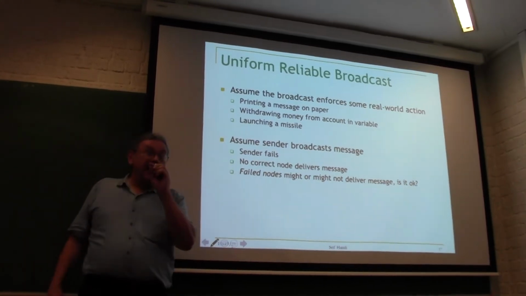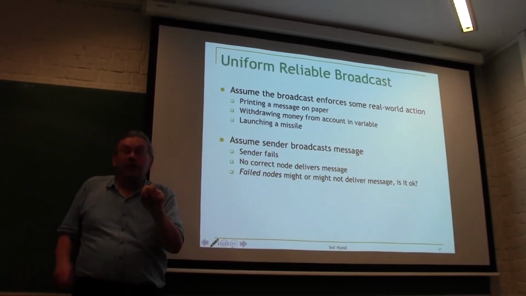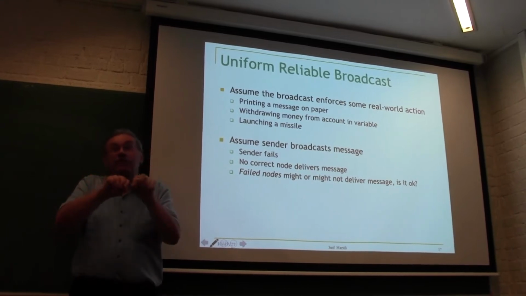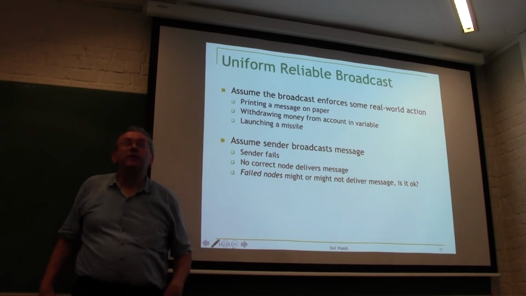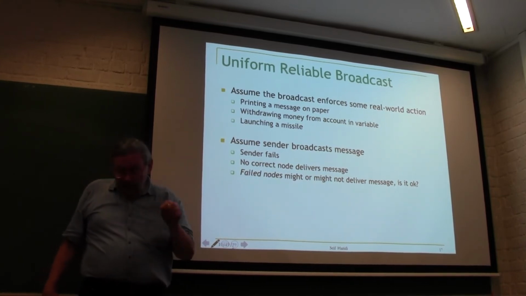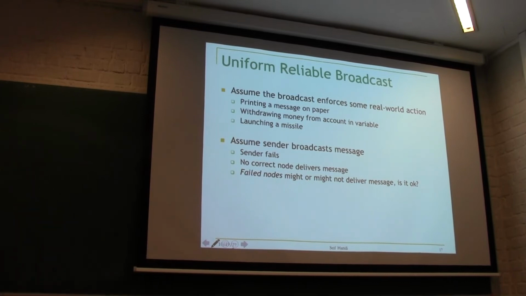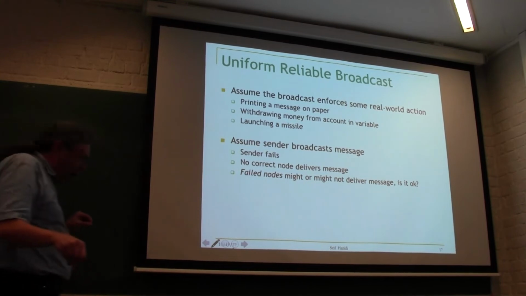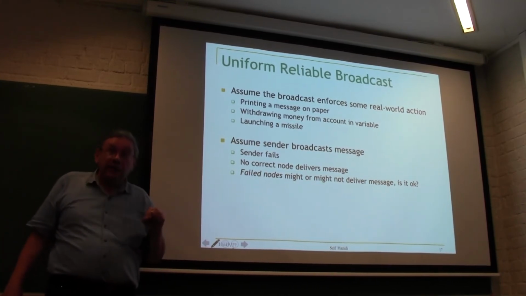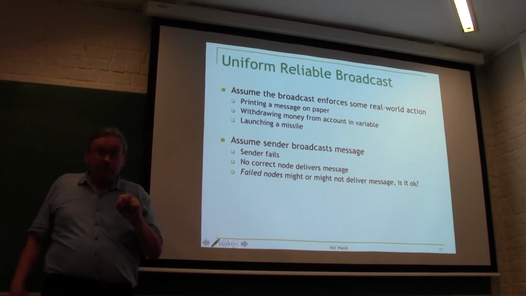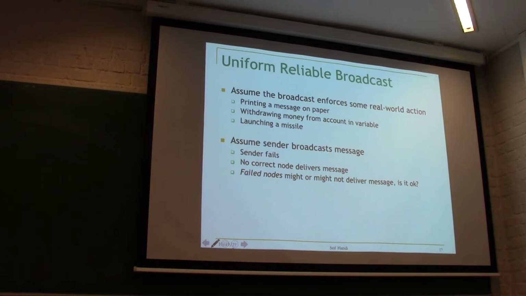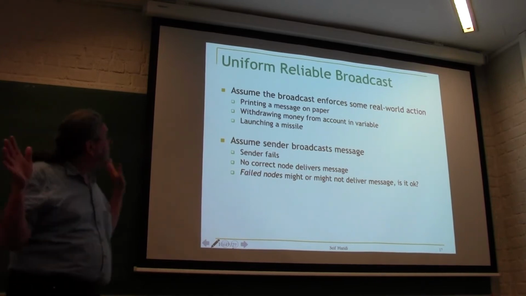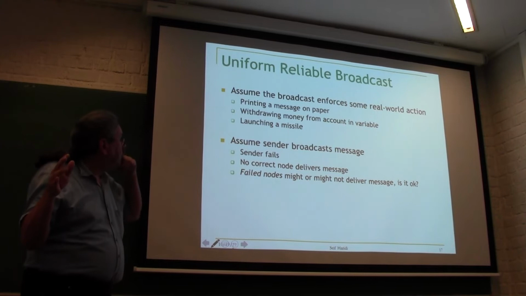Uniform says, if a failed node delivers and then crashes later, then all the correct nodes will get it. That means if the missile was successfully launched, and then the silo crashed, then all the correct nodes will get acknowledgement that it was launched. And this is not something that reliable will do, because with reliable, if a node fails, we don't know anything.